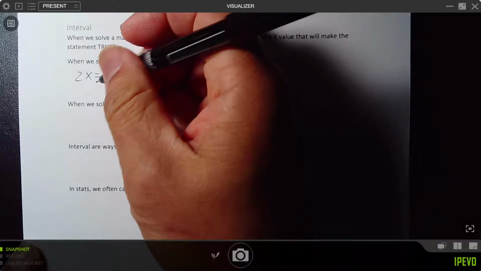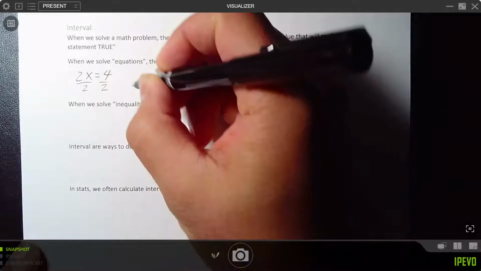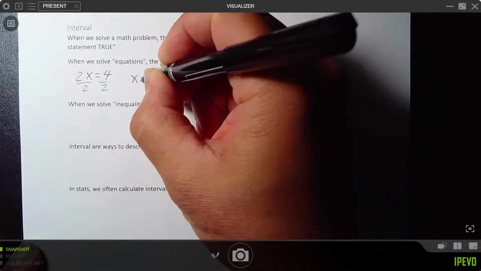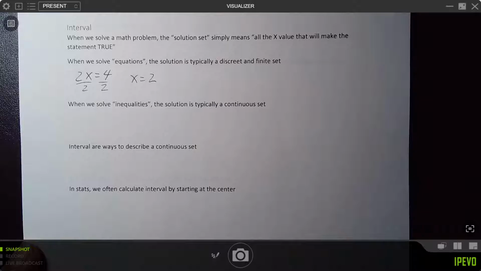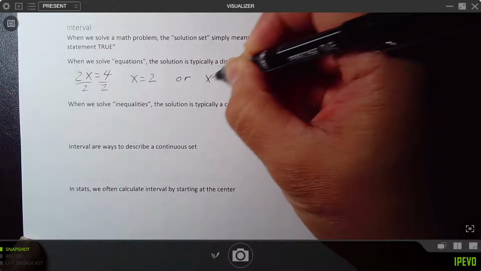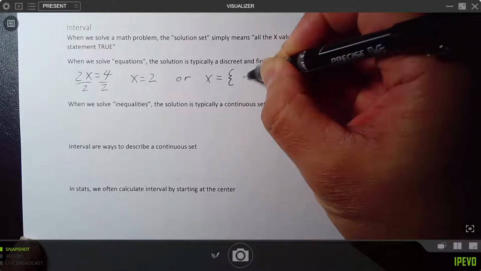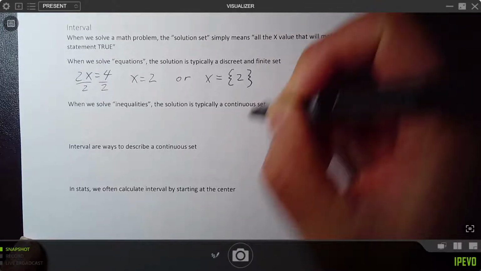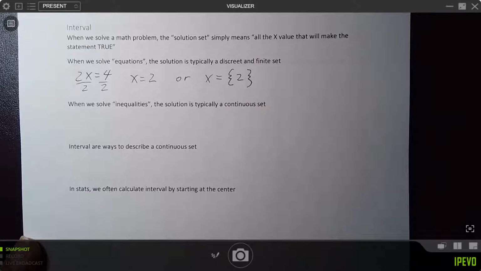Everybody knows, divide by 2 on both sides, we get x equals 2. So x equals 2 is the solution. It's the only solution. Another way we can phrase it is x equals, put brackets, 2.